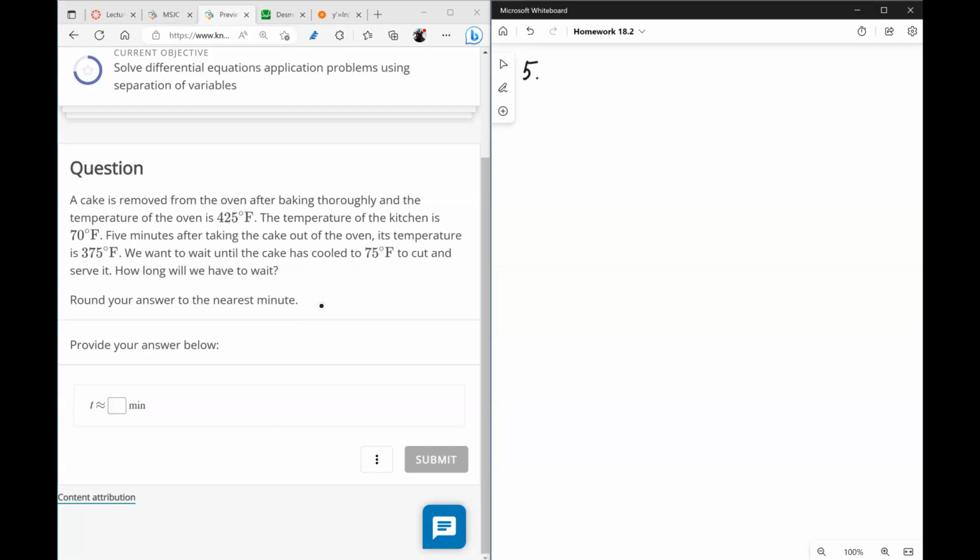Okay. All right, so we have a cake. T stands for the temperature at time t. t here is in minutes. We have T of 0 equal to 425.